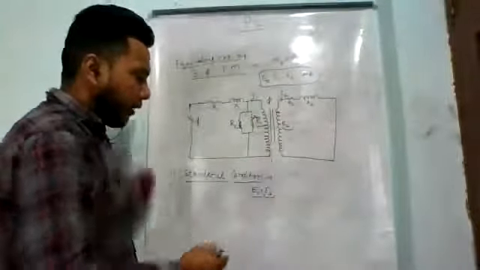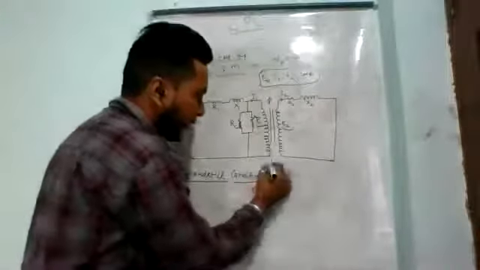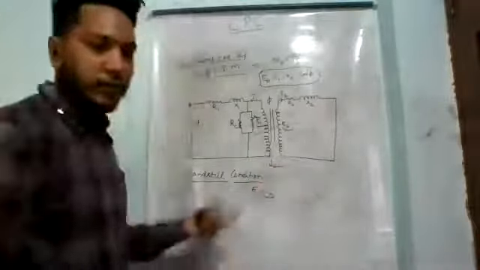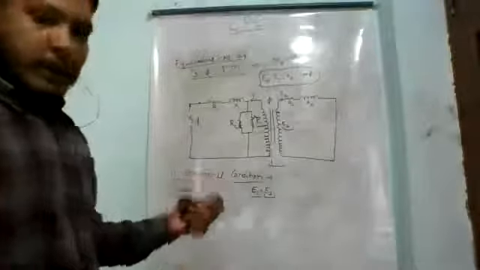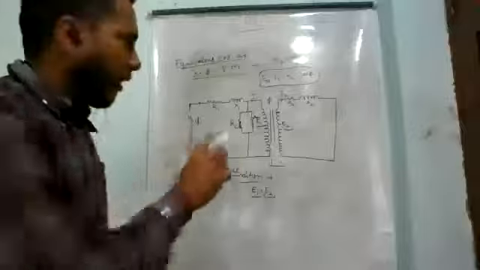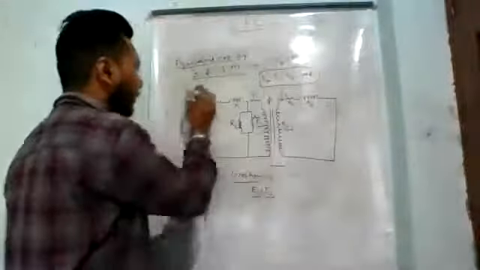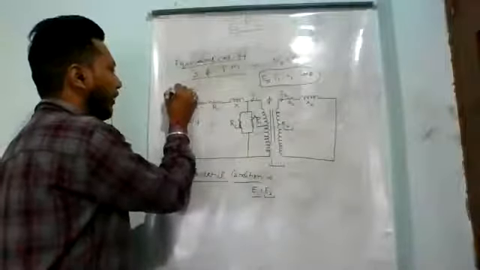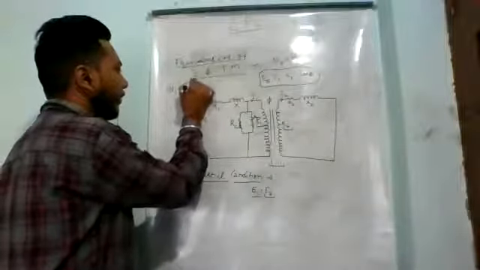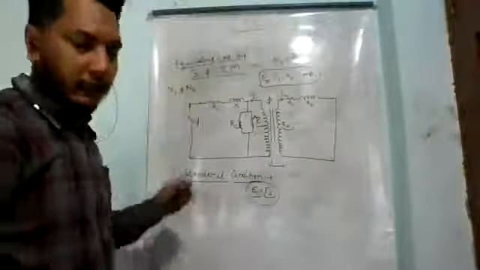Now, this is the condition as if the transformer is 1:1. But in practice there is no 1:1 transformer. If the number of primary turns is not equal to the number of secondary turns, then how can we calculate this EMF?